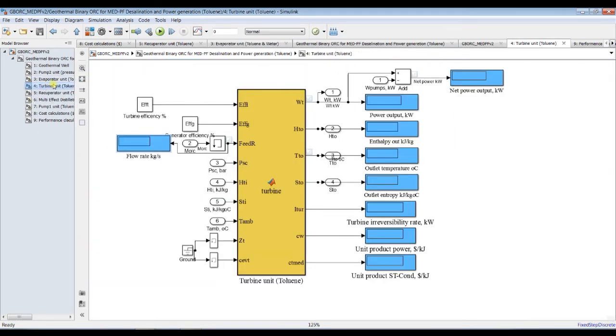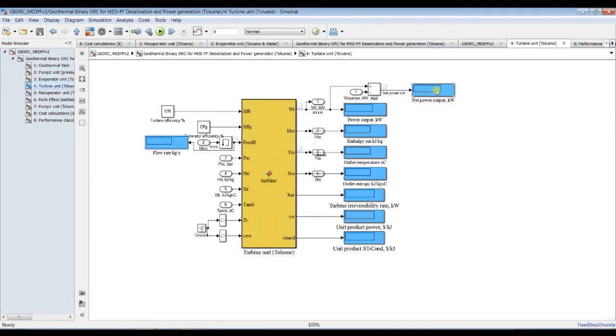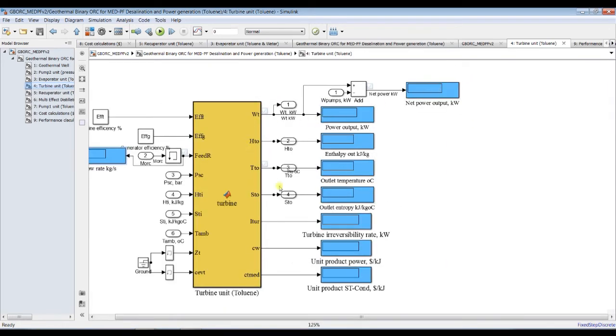Anyway, for the turbine unit, it's quite easy, because with such configuration we need to discover how much power we are going to gain from this process. And we have to calculate the outlet temperature from the turbine unit before going to the recuperator unit.